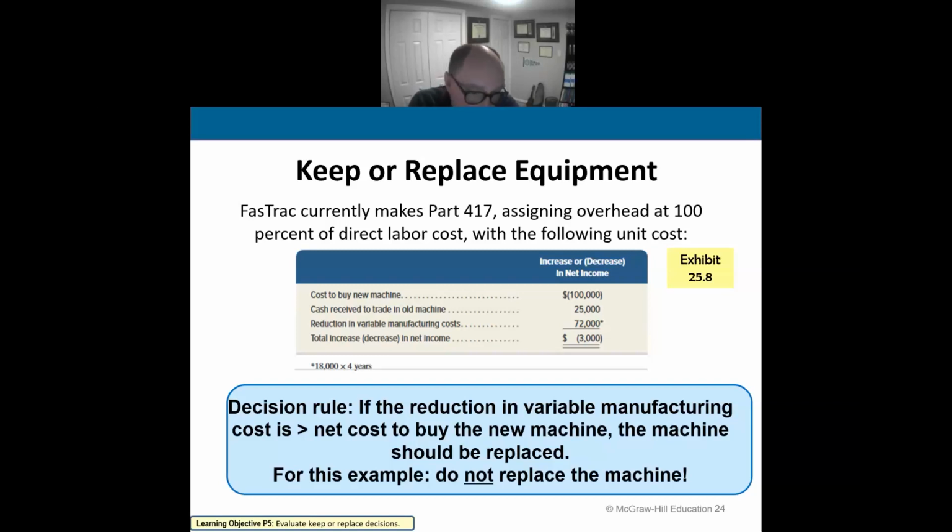Now, looking at this data, we can say to replace or not to replace. Now, your textbook will say, no, don't replace it because there's going to be a decrease in net income. That may be true for a short amount of time.